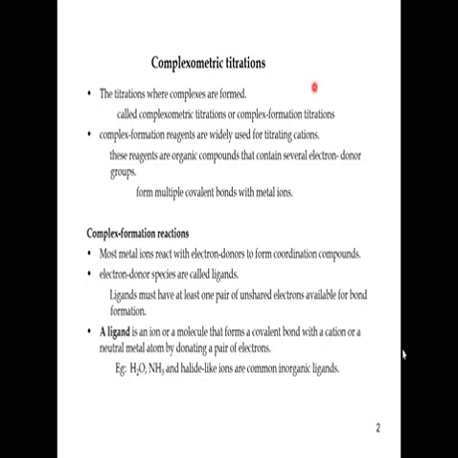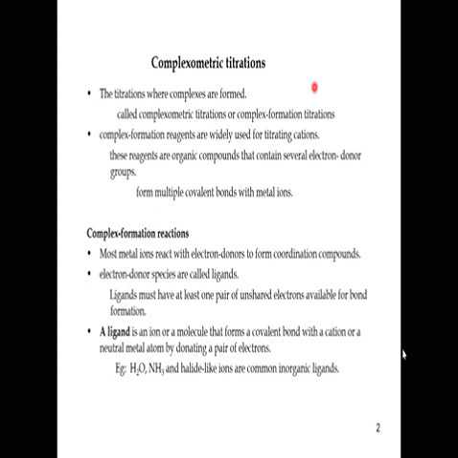So this sort of titration, the complexometric titrations, are very, very widely used for the determination of metal ion concentrations in samples, right? Anyway, if it is a solid sample, you have to extract the metal into a suitable solution and then do the titration with the complex formation reagents.